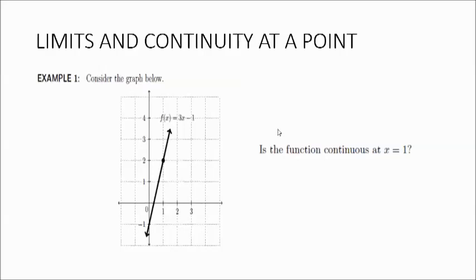So what is your answer class? Continuous ba yung function? So given tayo ng point which is x equal to 1. Yung x equal to 1 natin is ito, di ba? So what do you think? Is the function continuous at x equal to 1? Ano ba yung ibig sabihin ng continuous?